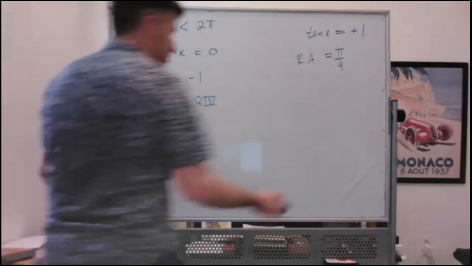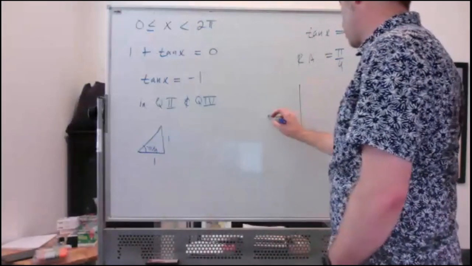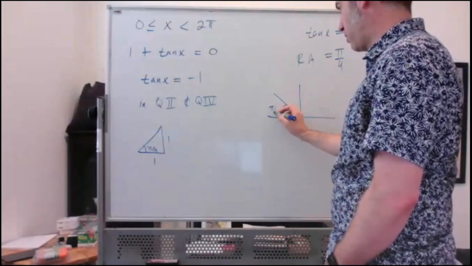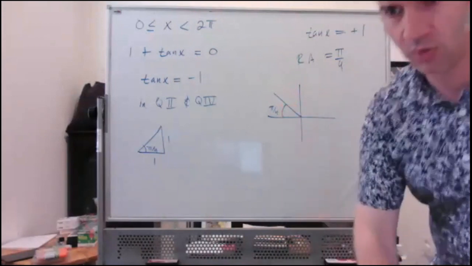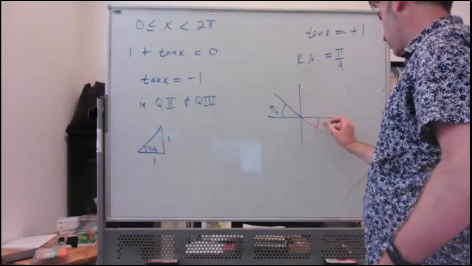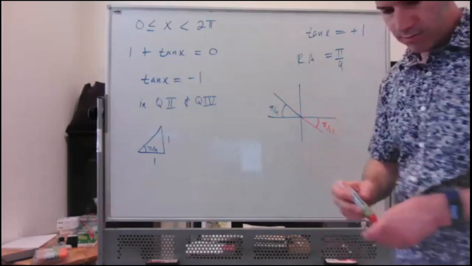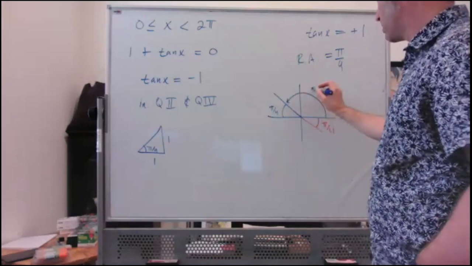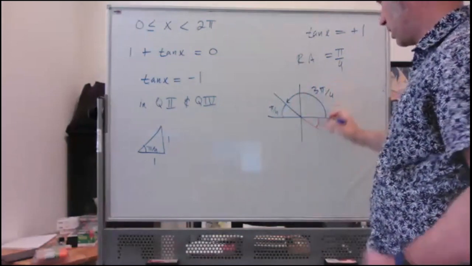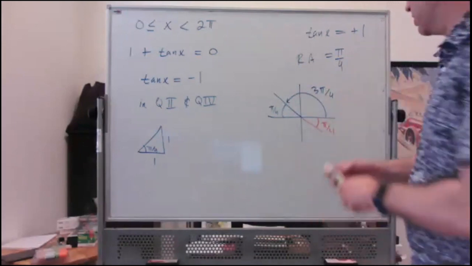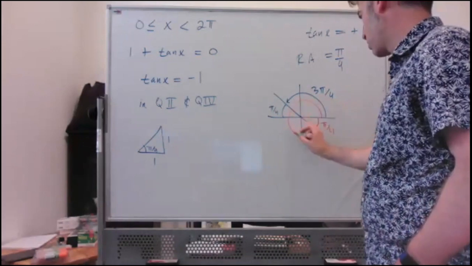Okay, so I'm looking for angles in quadrant 2 where the reference angle is pi over 4, and an angle in quadrant 4 where the reference angle is pi over 4. Well, the one in quadrant 2 is 3 pi over 4, and the one in quadrant 4 is 7 pi over 4.